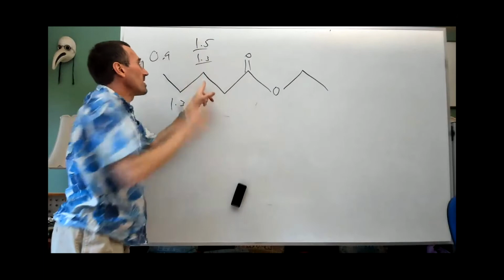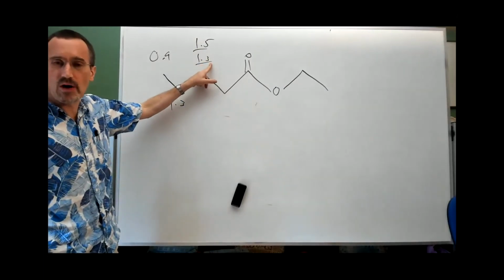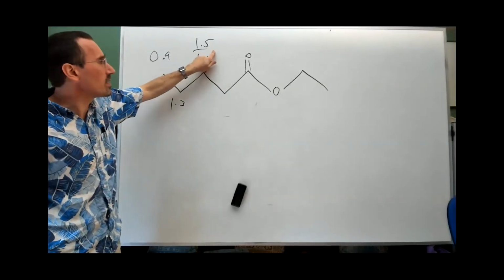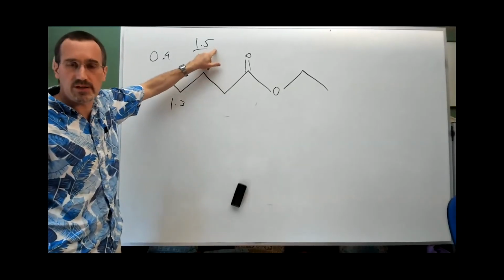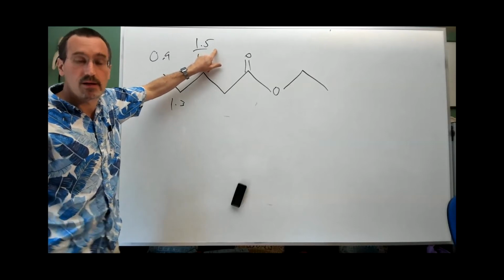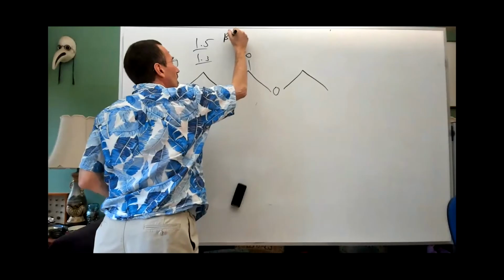Ah, we have a little bit of a controversy here. Why 1.5? Because I think it's a little bit closer to the carbonyl. And it is closer to the carbonyl. What would we call its relationship to the carbonyl group? Gamma. Pardon? Beta. Beta. Yeah.